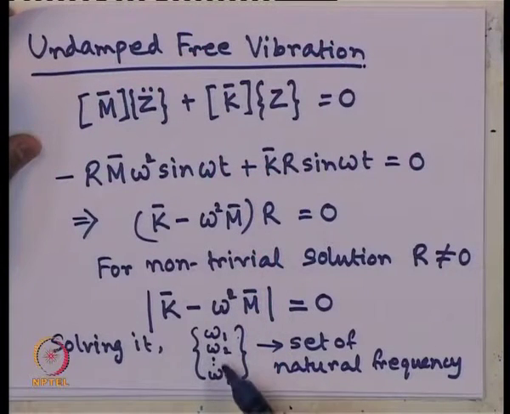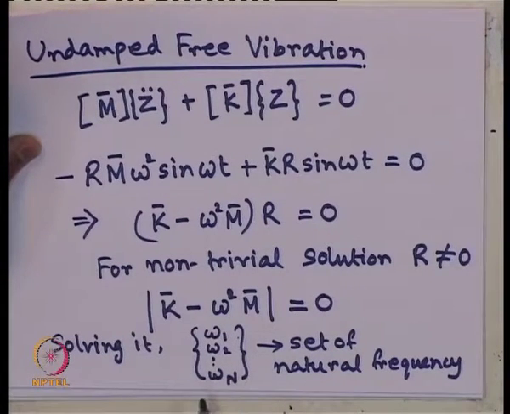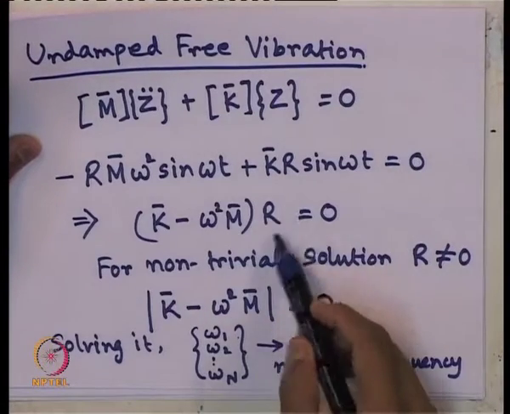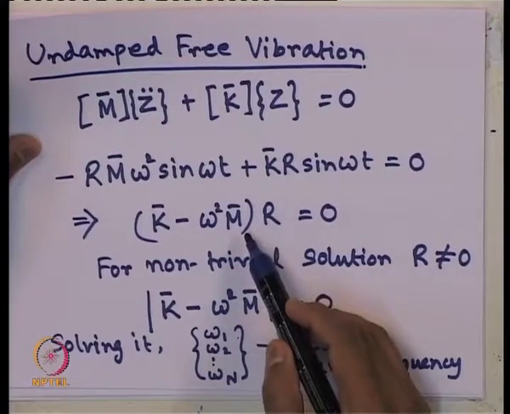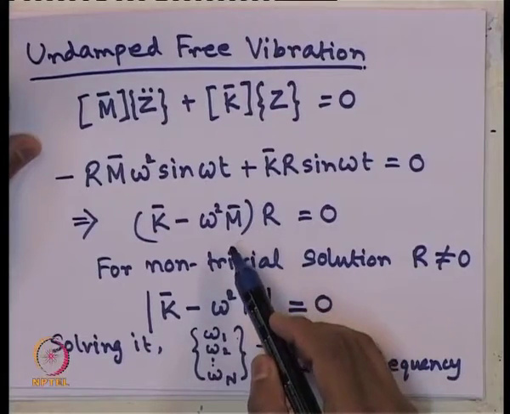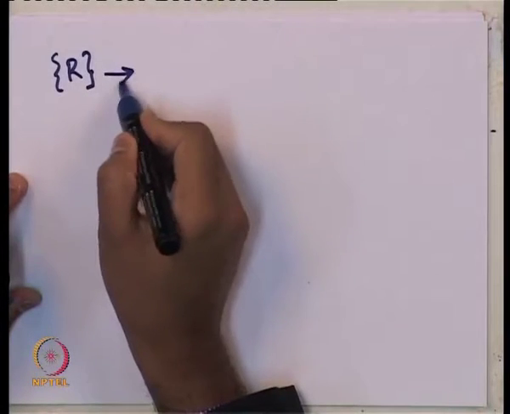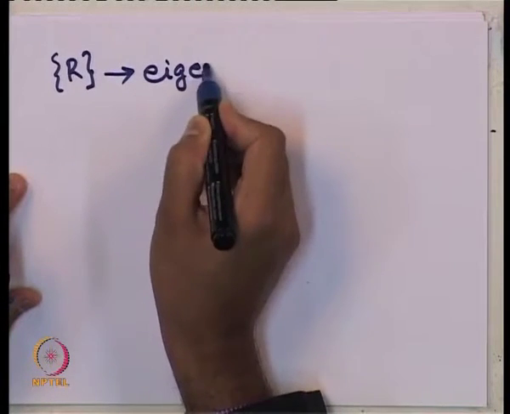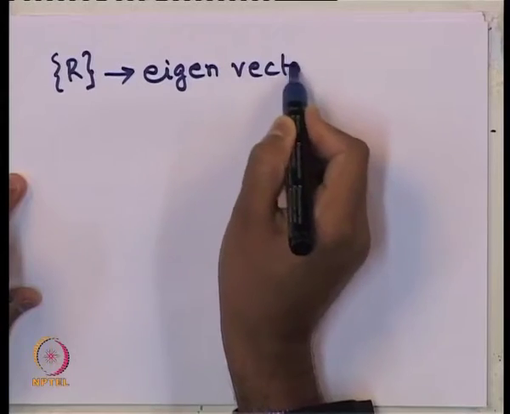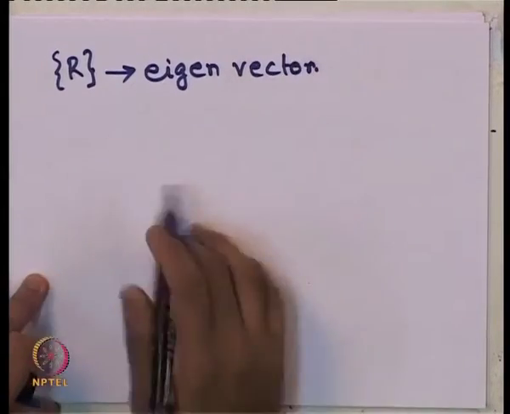Now, from these eigenvalues we got from this determinant, it becomes an eigenvalue problem, which will give us this value of r, which is nothing but an eigenvector, right. So, by putting those, we will get the r vector, which is nothing but the eigenvector. What does it mean?